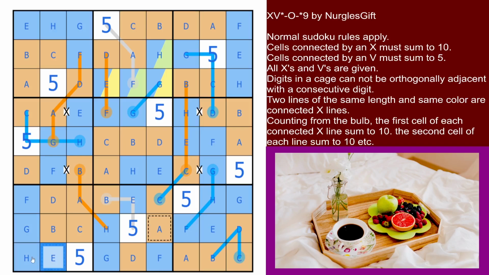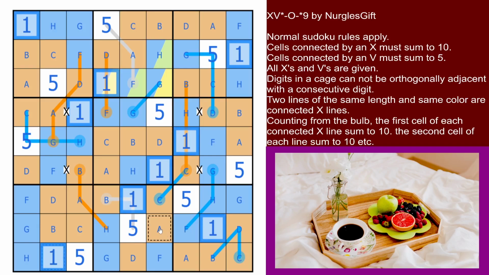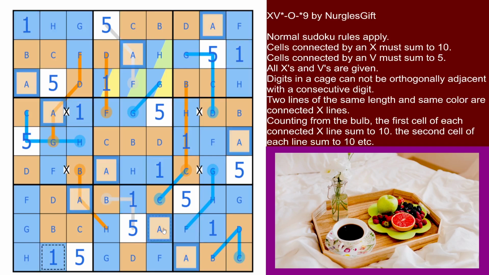What we are saying is E is not near to G and H, and E and F cannot be 2, 3, 2, 3. So E has to be 1. I don't think there is another option. E is 1. Let's just do that. A is 9, right? A is 9.